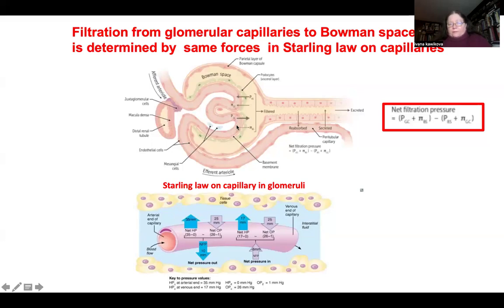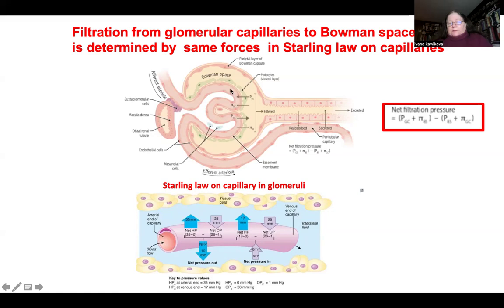They do not have smooth muscle, just a single layer of endothelial cells, possibly surrounded here by podocytes. And then the outgoing vessel is again an arteriole, which does have smooth muscle. So smooth muscles are in the afferent arteriole and efferent arteriole, but not in capillaries.